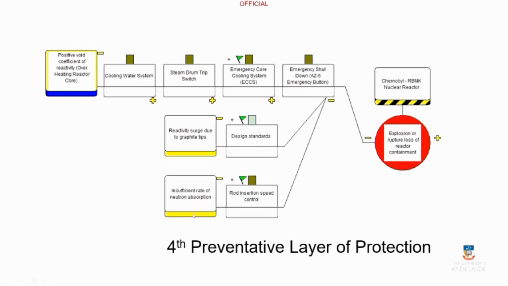Insufficient rate of neutron absorption, rod insertion speed. This is another issue which I will talk about. The rods, when they were inserting, were far too slow, let alone they had taken out too many rods to begin with, so that wouldn't have made much of a difference.